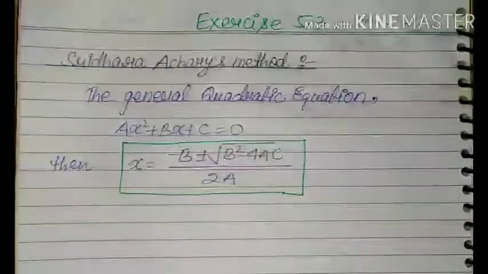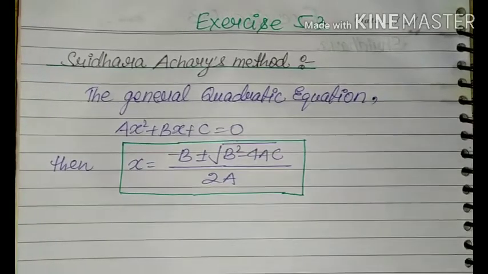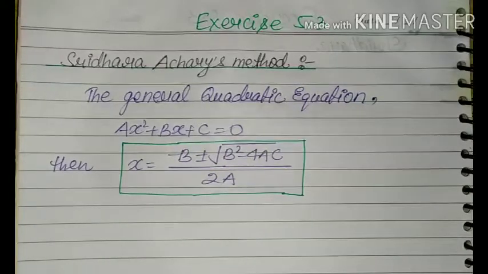Exercise 5.3, we are going to deal with this exercise by a famous formula, that is the Sridharacharya method. We are going to solve all questions of exercise 5.3 by this formula.